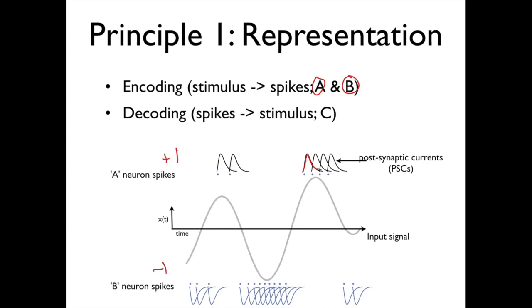So if we do these two kinds of linear decoding, one over time and one over space at the same time, and we just now add all of those things up, right? So all we've done here is taken these spikes, turned them into these postsynaptic currents, and then summed them with all the other spikes, and you get this kind of wiggly line. What you notice about that wiggly line is, hey, it's kind of going up and down in the same way as my input X. Big shock.